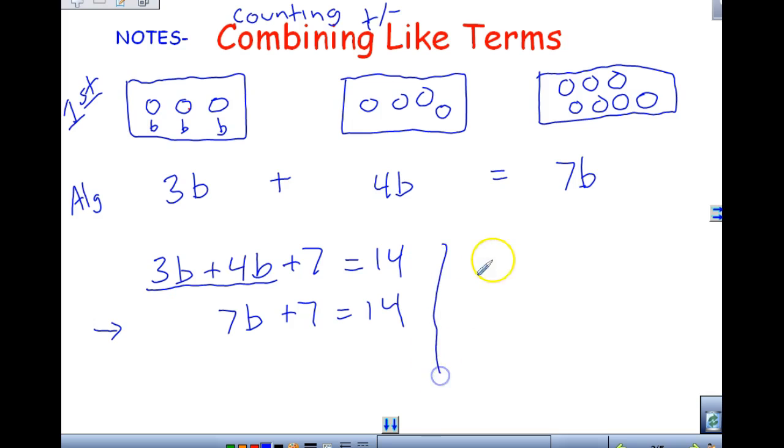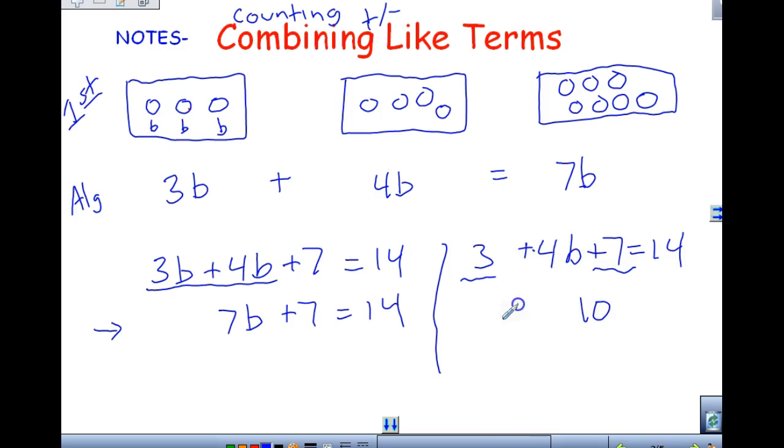Now, it can also be the other way around. It could be something like this. 3B plus 4B plus 3 plus 4B plus 7 equals 14. So if you have 2 numbers on the same side, those can be combined. So 3 and 7 make 10.